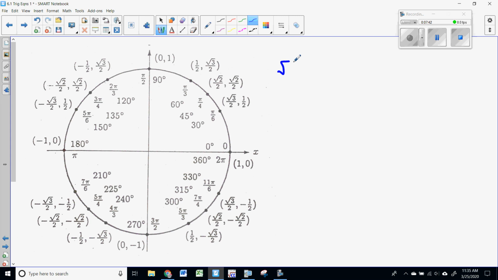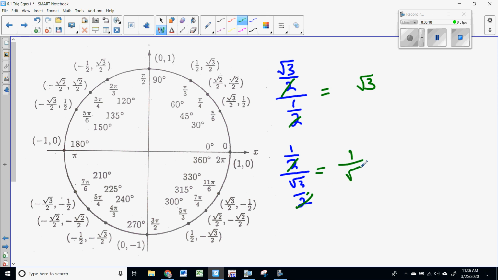We could end up with a square root of 3 over 2 over 1/2, and that cancels to the square root of 3. Now, you could get plus or minus depending on what quadrant you're in. You could get 1/2 over square root of 3 over 2. That is going to cancel and give us 1 over the square root of 3.